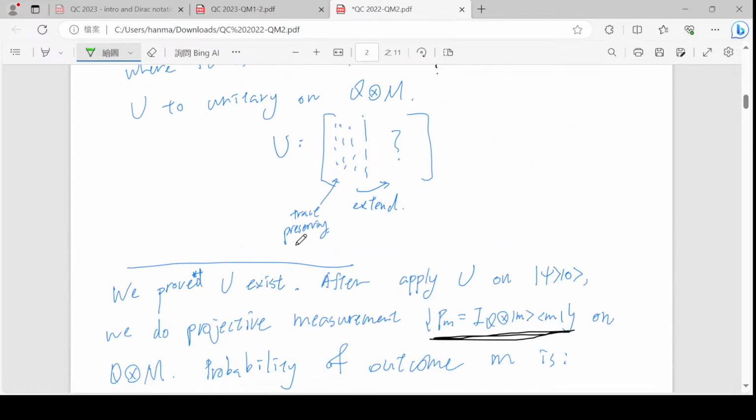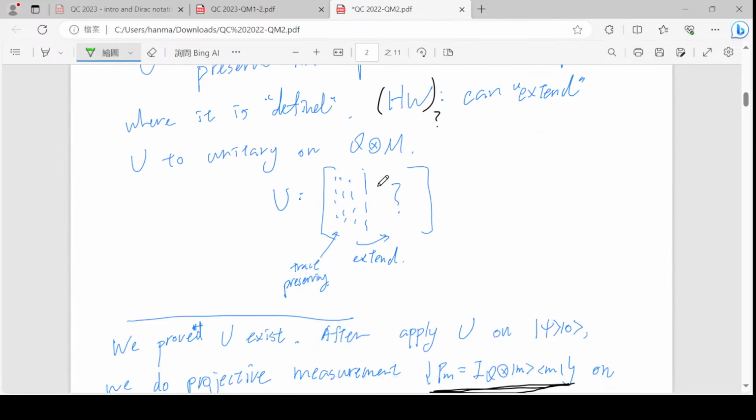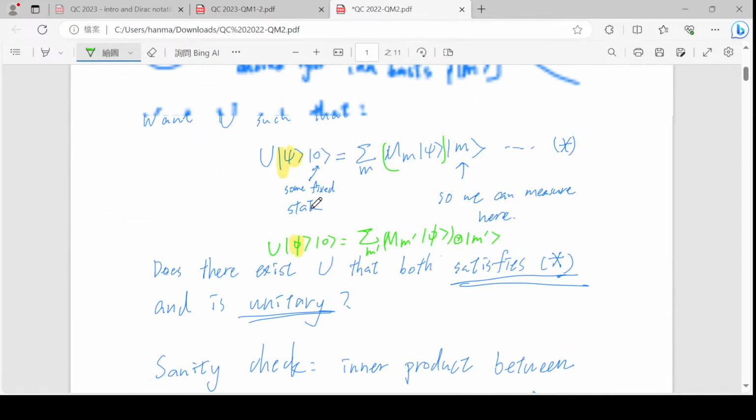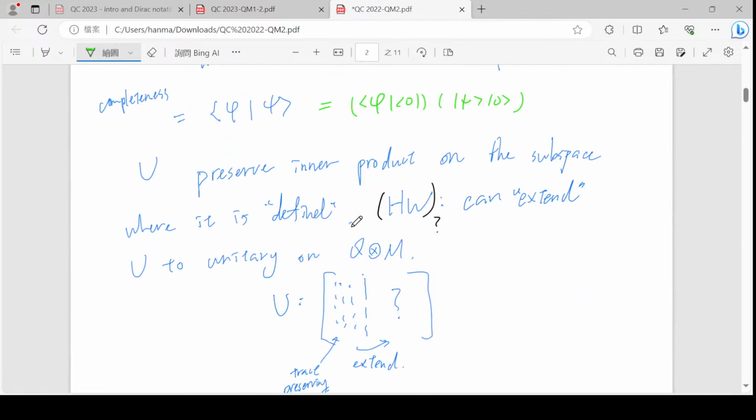And so the mental picture is kind of this. U is acting on this really large space, Q times M. So you have multiple columns, right?